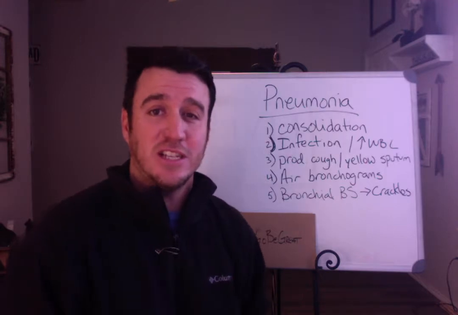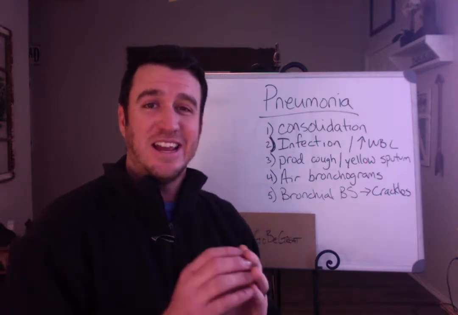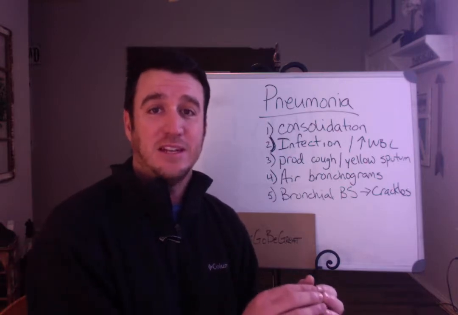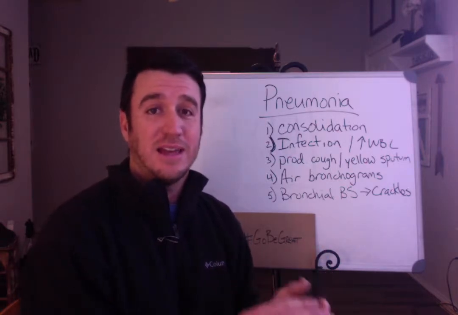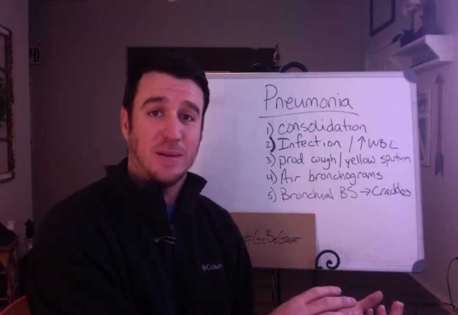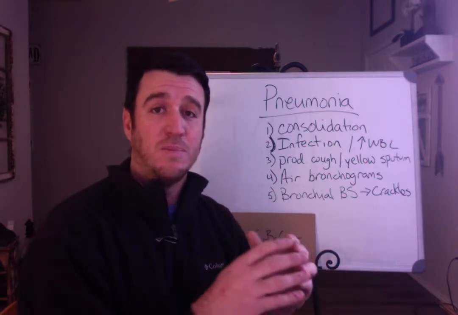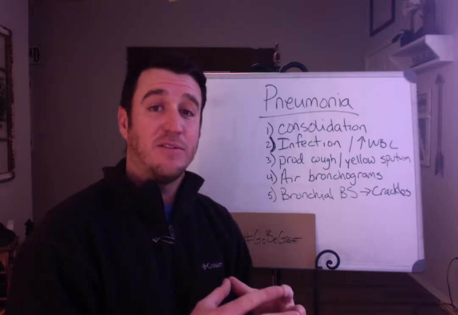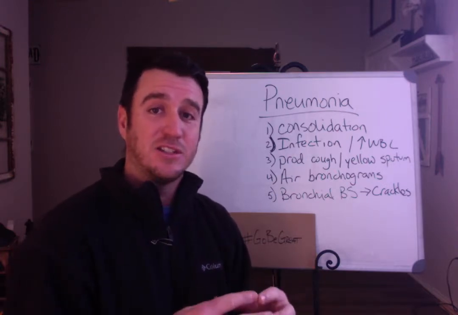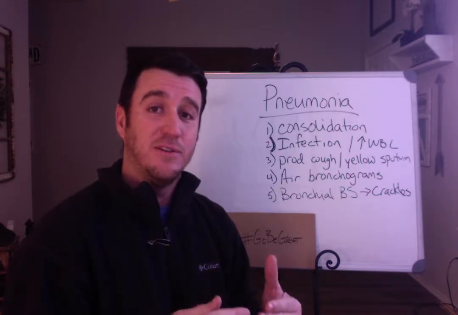Now, when you look at a chest x-ray, you're going to see an area that has increased areas of opacity, which means it's more white and less black. Black is air, white is more dense objects, okay? And so when you're thinking pneumonia, you're talking about alveolar consolidation. Wherever the pneumonia is, that area is going to have an increased area of opacities.